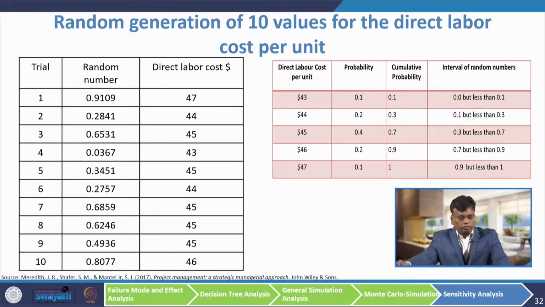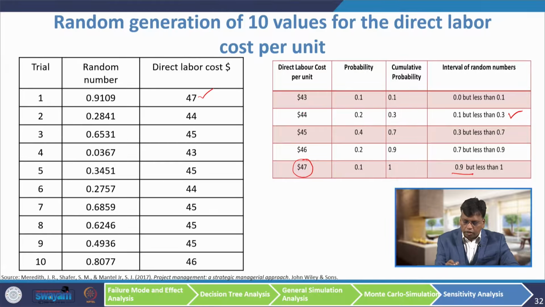Here I have some random numbers. For example, the random number is 0.91. So, we have to look at this table and see where there is a 0.91. So, here there is a 0.91. So, the direct labor cost will be $47 here. You generate another random number 0.28. We look at the table where 0.28 will be here.